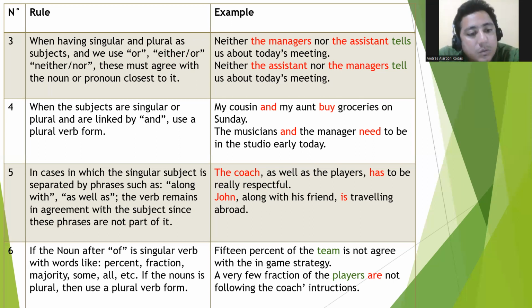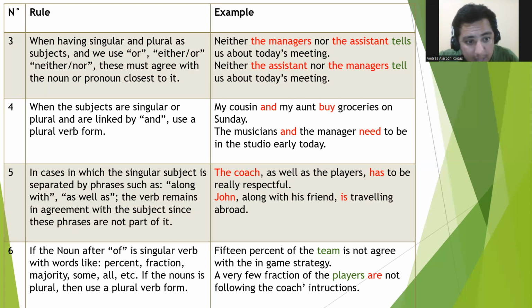In cases in which the singular subject is separated by phrases such as along with, as well as, the verb remains in agreement with the subject since these phrases are not part of it. My example, the coach as well as the players has to be really respectful. Okay, in this case, I have used as well as the players.